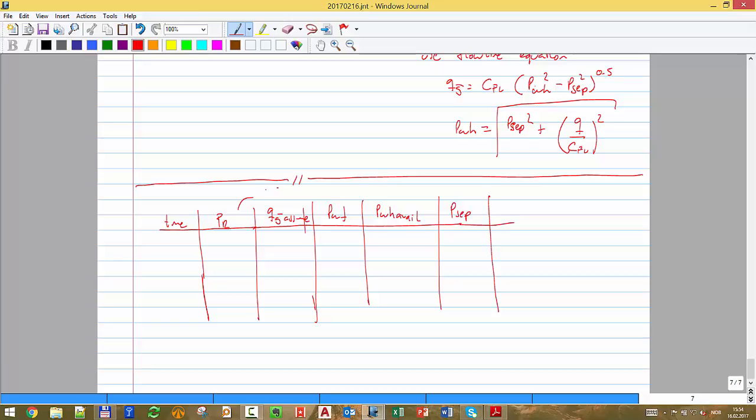And then I calculate P wellhead required, right? So from here to here, I use the IPR. From here to here, I calculate the tubing, the TPR, the tubing performance relationship. And from here to here, I use the flow line equation, the performance relationship.